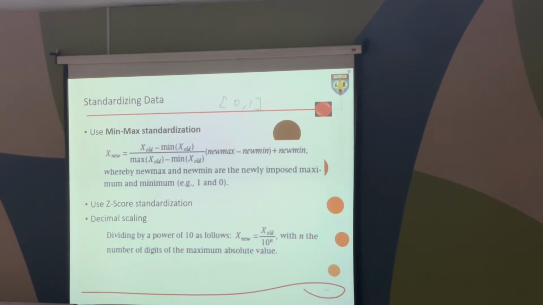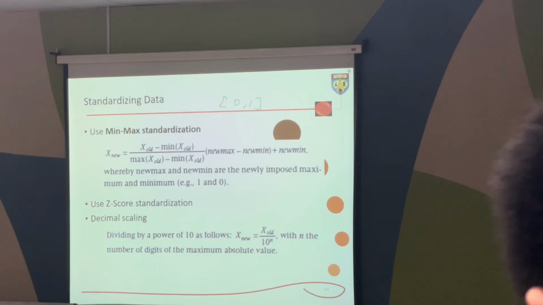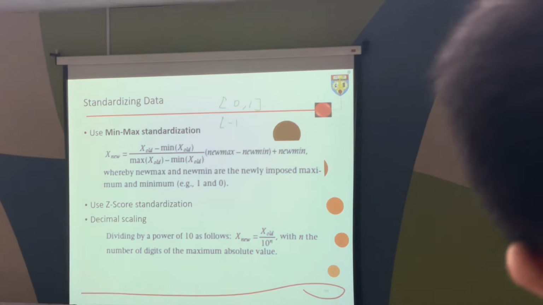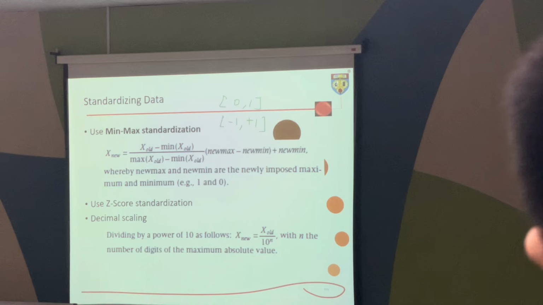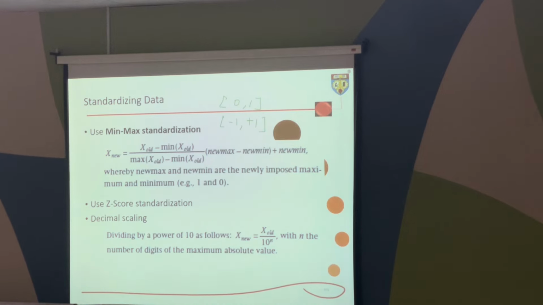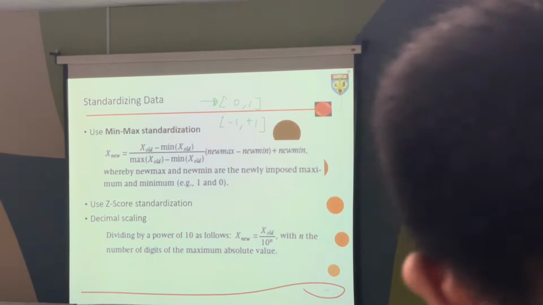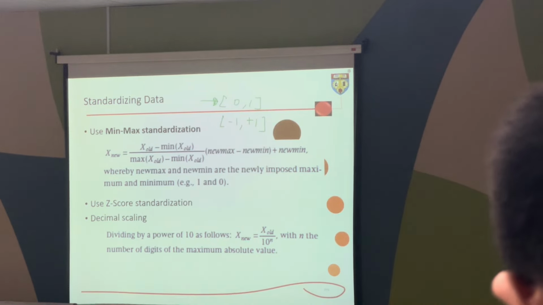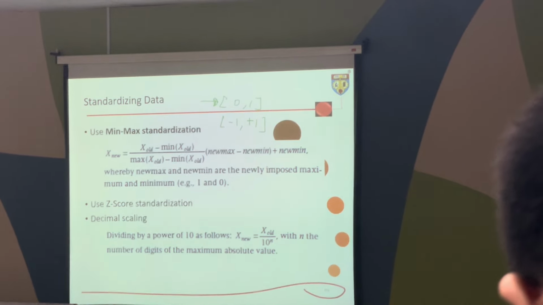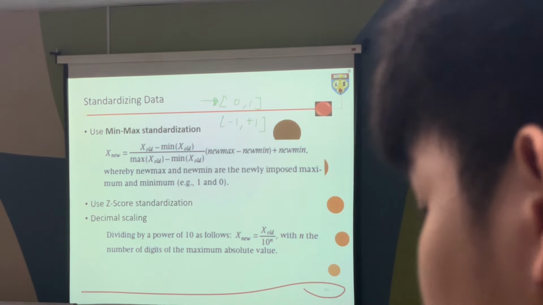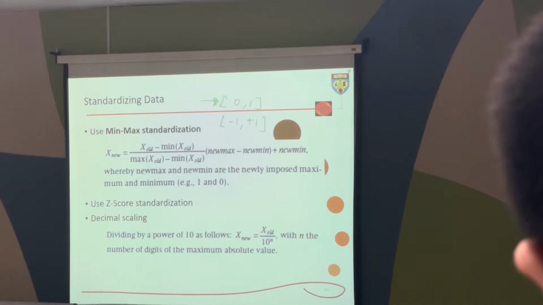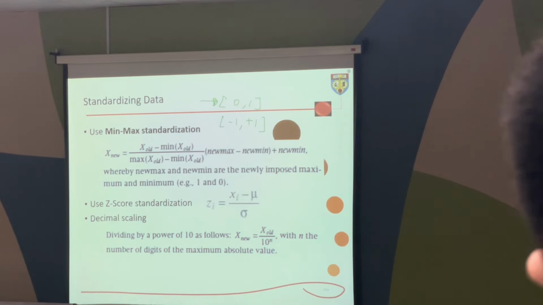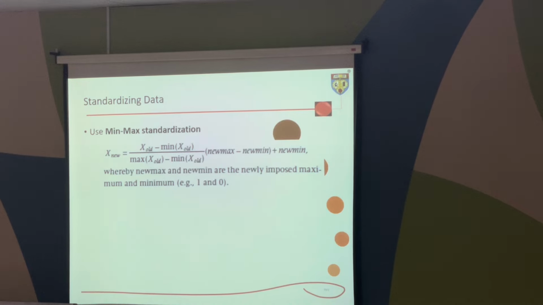Sometimes you can also use the range of -1 to +1, but normally we will choose this range. Okay, so we try one by one: min-max, we have Z-score, and also we have decimal scaling.